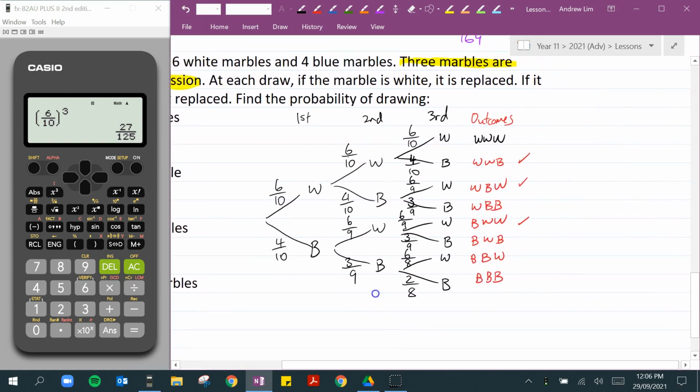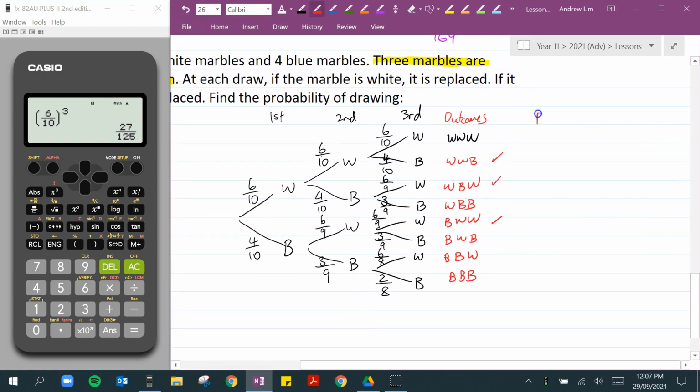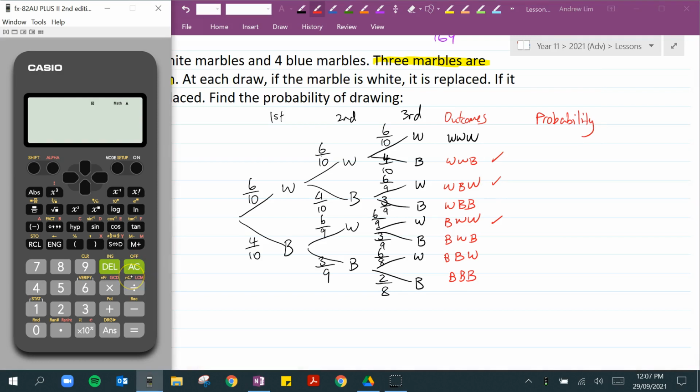So if we were to scroll all over to the right, let's write down the probabilities. I'm only going to do it for these 3 because they're the ones I need. So we have 6 over 10 times 6 over 10 times 4 over 10. That's 18 over 125.